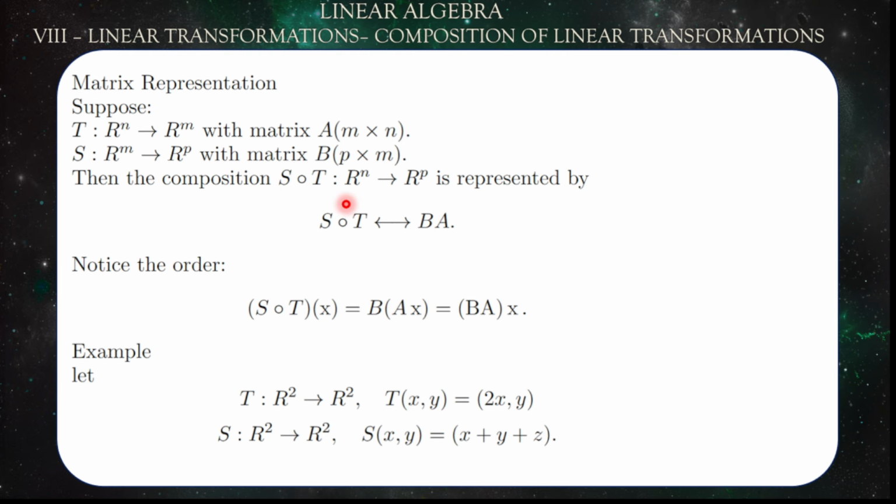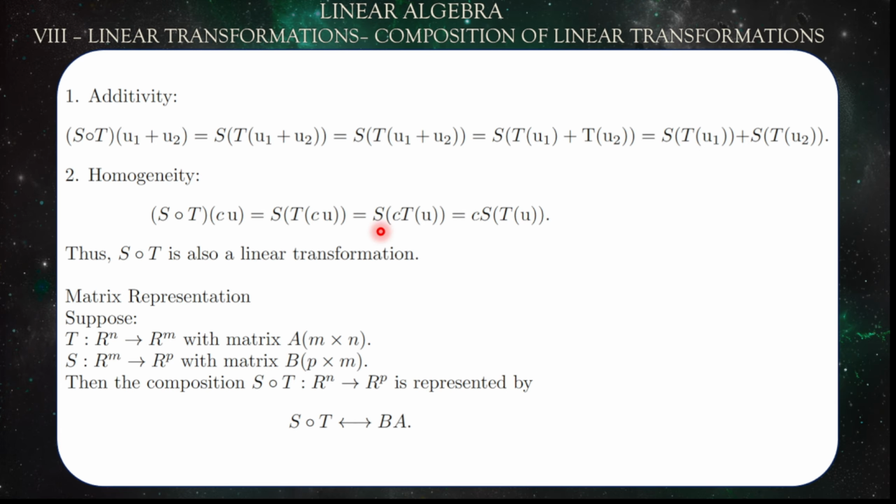Then the composition S∘T, from Rn to Rp, is represented by B times A, which is the B matrix multiplied by the A matrix. Notice the order. So (S∘T)(x) is equal to B multiplied by Ax, equal to BA multiplied by x, which means it respects the homogeneity.